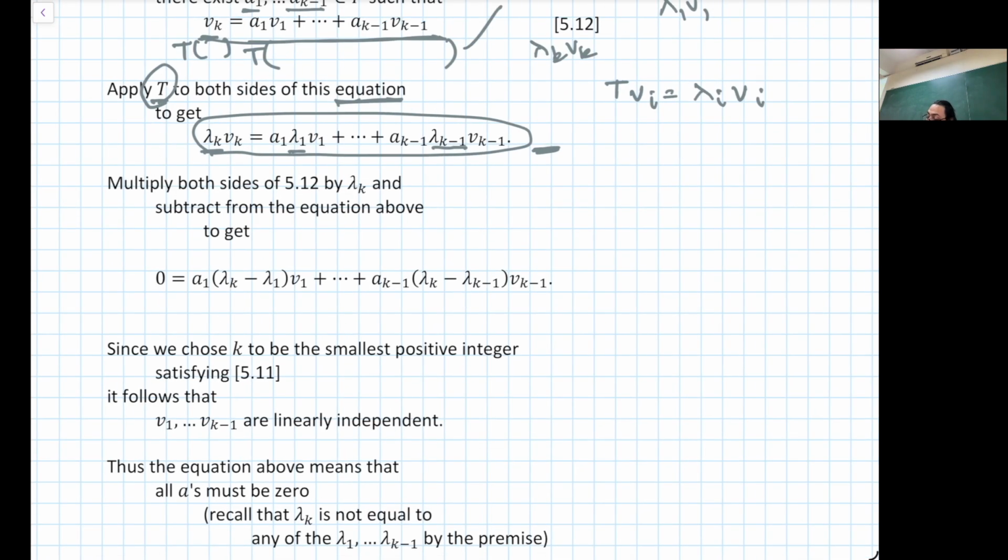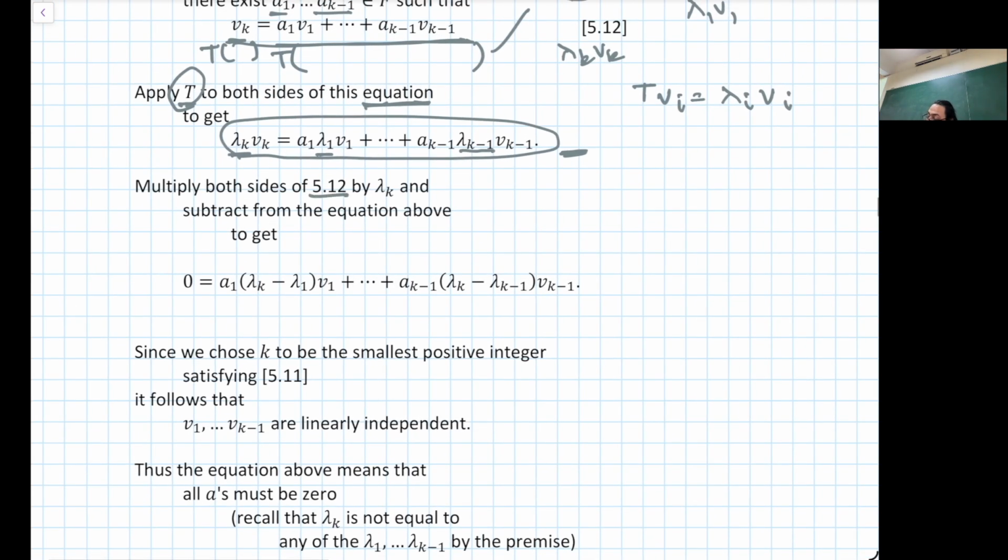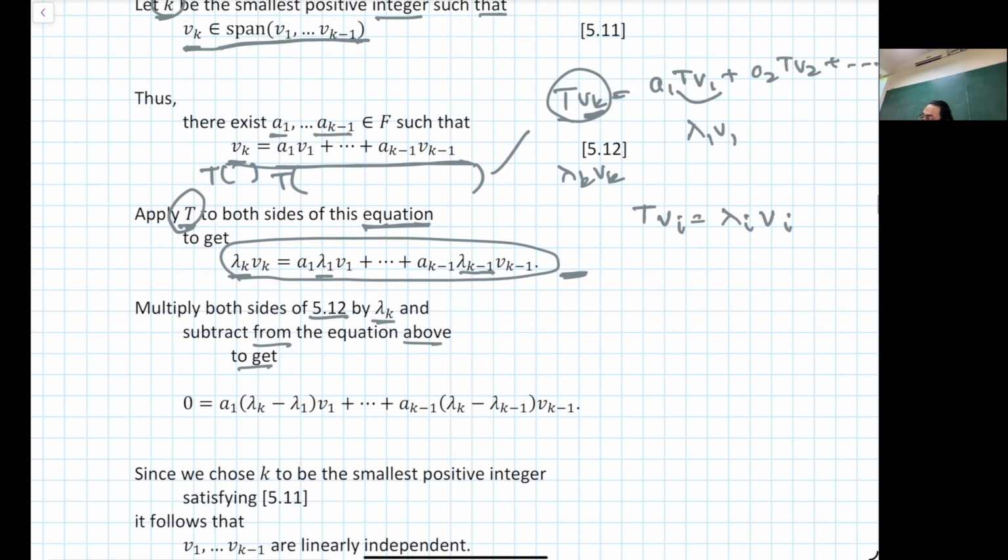Now we're going to multiply both sides of 5.12 by lambda k. I'm allowed to do that. So I'll multiply both sides by lambda k and subtract from the equation above. What happens to the left-hand side when you subtract?